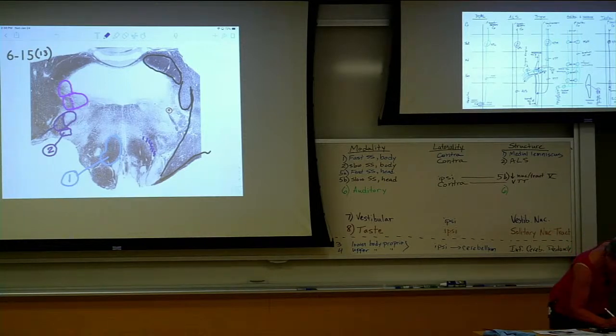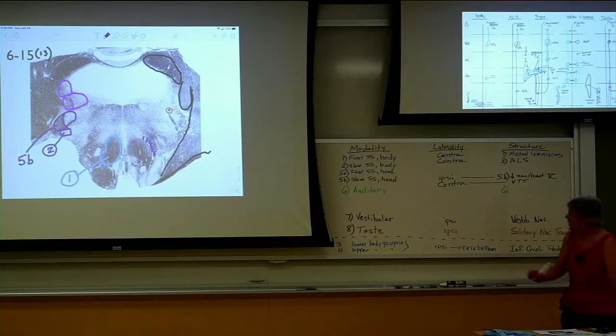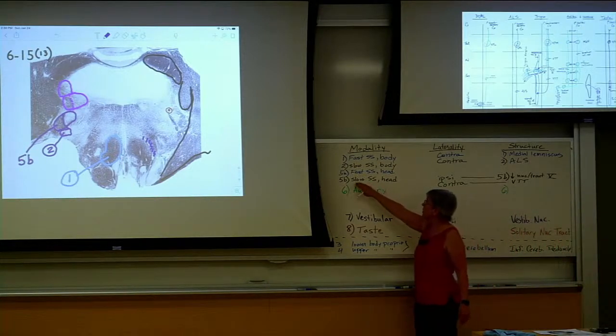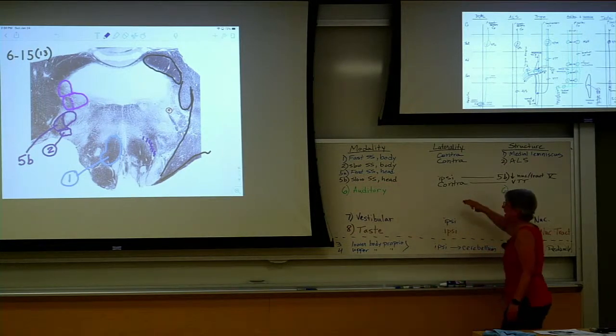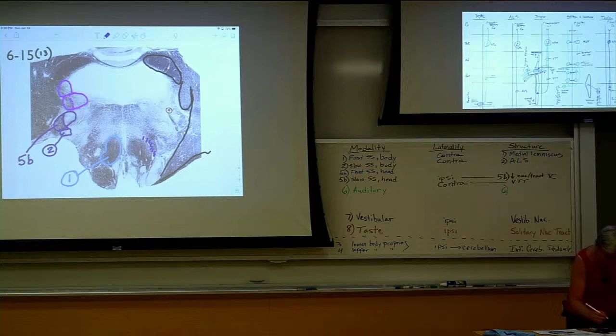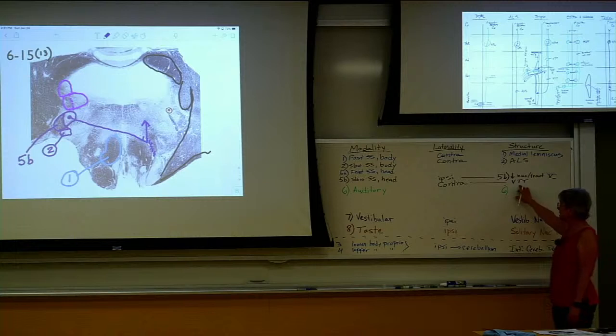We have the descending nucleus and tract of the trigeminal system, so slow somatosensory information from the head, and these higher order neurons, of course, are sending their axons across the midline to then ascend in VTT.